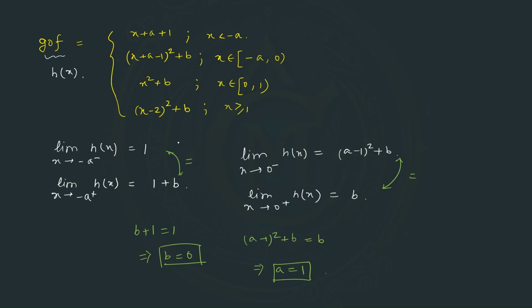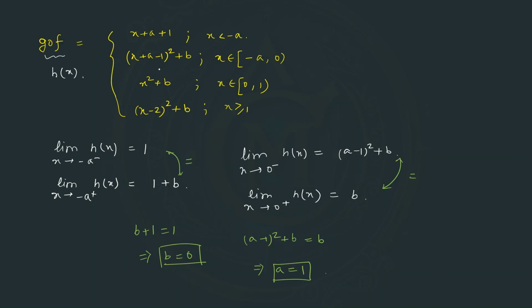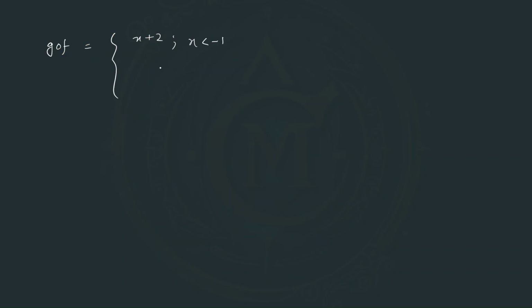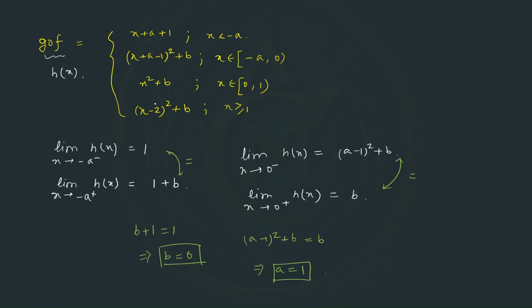Here g of f will become, if we put the values of a and b, a is 1 and b is 0, so it will become x plus 2 if x is less than minus a, so minus 1, then it will be x square plus b when x belongs to closed minus 1 to open 1, and then it will be x minus 2 whole square plus b.